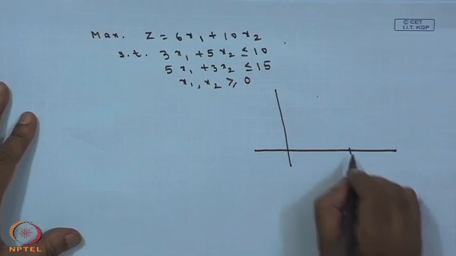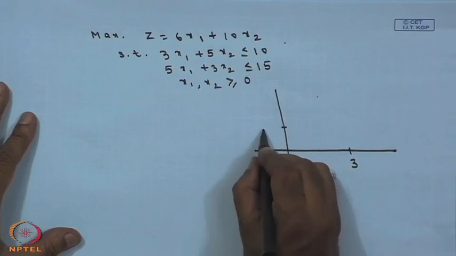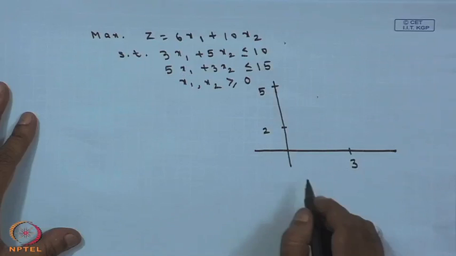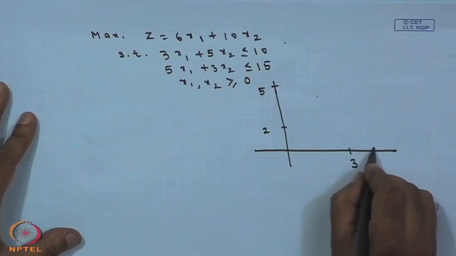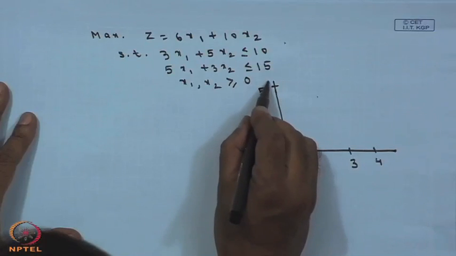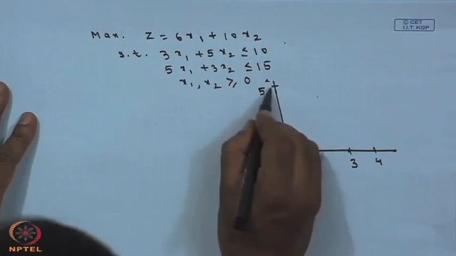There will be a point 3, there will be a point 2 here, there will be a point 5 over here, here it is 4. So, there will be a line between 5 and 3.